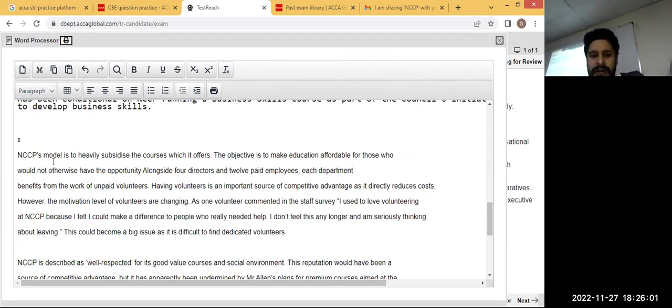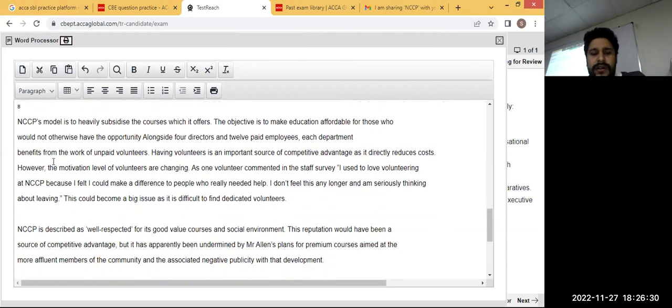Having volunteers is an important source of competitive advantage as it directly reduces cost. However, the motivation level of volunteers is changing. As one volunteer commented in the staff survey, I used to love volunteering at NCCP because I felt I could make a difference to the people who really needed the help. I don't feel this any longer and am seriously thinking about leaving. This could be the big issue, and it's difficult to find a dedicated volunteer.